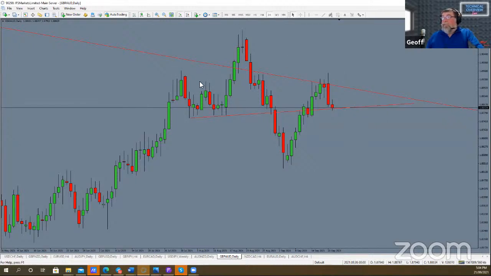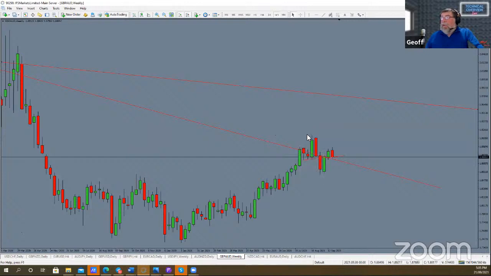If you look at this chart, you would say, okay, we've got a left shoulder here, a head and a right shoulder here. Okay, maybe this is the right shoulder. We don't know that yet. And if that's the case, potentially we're going to head down here somewhere and play that head and shoulders. Look, I'm not yet convinced that that's the case, but that's not really the important part for me.